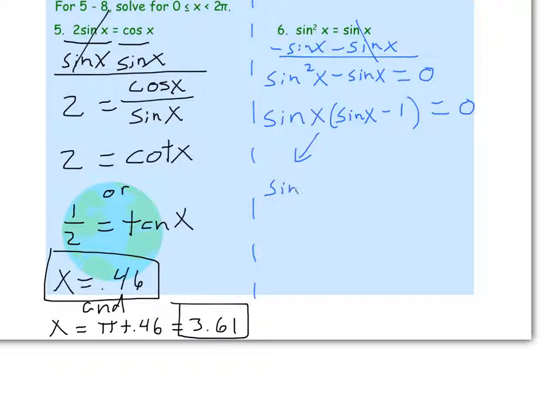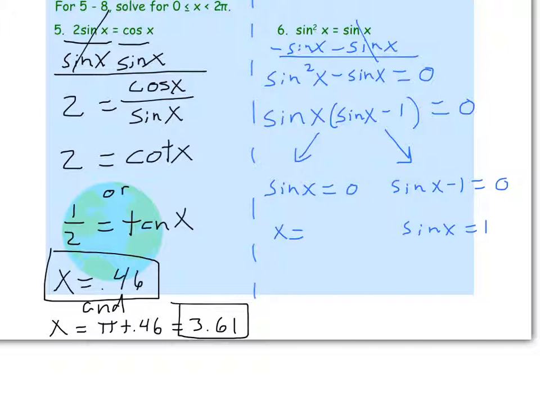Instead, I take each factor individually and set them equal to 0, which would leave us with 2 equations to solve instead of 1, but after we factor, they're typically equations that are shorter and a little bit easier to solve.